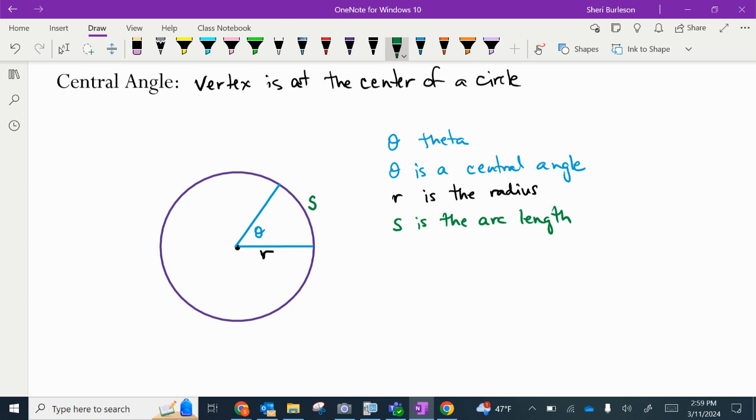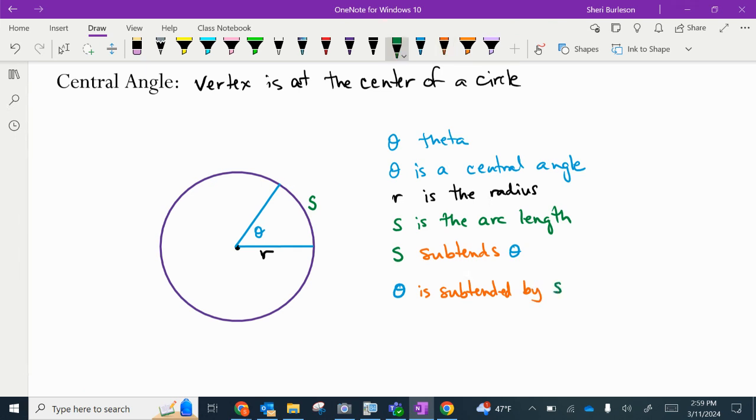Okay. So this is just language. S subtends theta. That's just the language that's used. S is the arc that's marked off by theta, or theta is subtended by S. Okay.